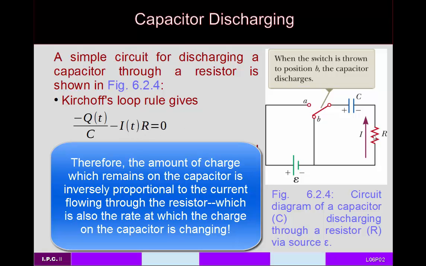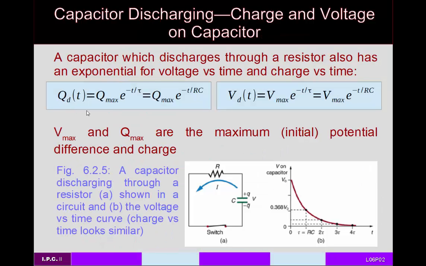times R is 0. The charge on the capacitor, as the capacitor is discharging through the resistor, looks like an exponential decay. Q max e to the negative t over tau, or Q max e to the negative t over RC, because tau is still RC.